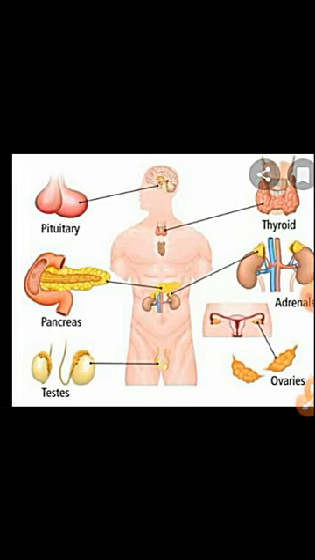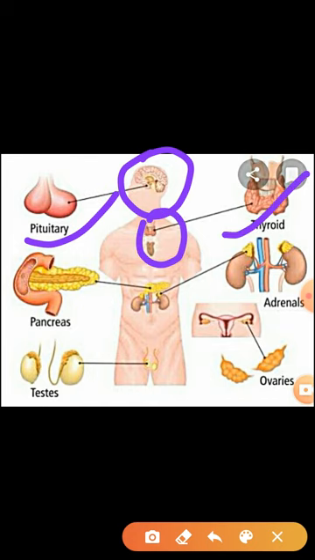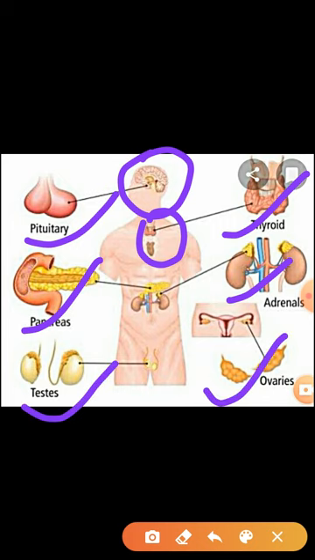Here is the pituitary, which is situated at the brain, and the thyroid, which is situated at the neck, the pancreas which is situated at the stomach, the adrenal which is situated at the kidney, and these are the male and female endocrine glands. So these are some important endocrine glands in humans.